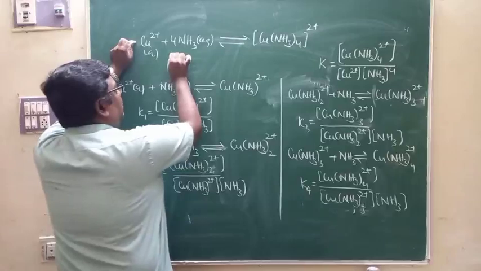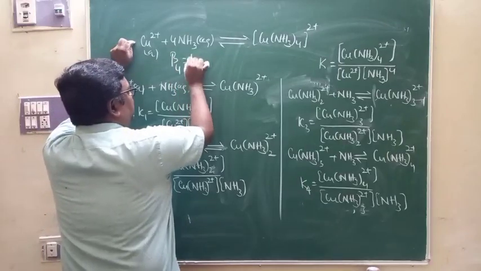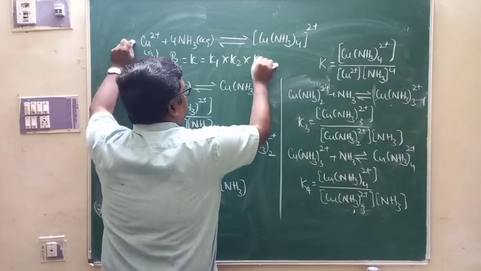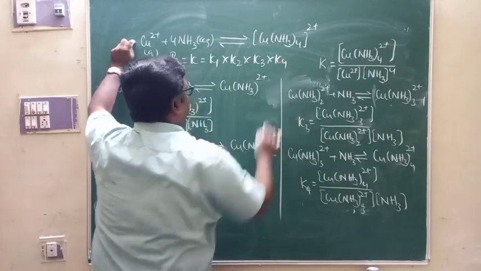And the overall association constant beta 4 is equal to K1 into K2 into K3 into K4.